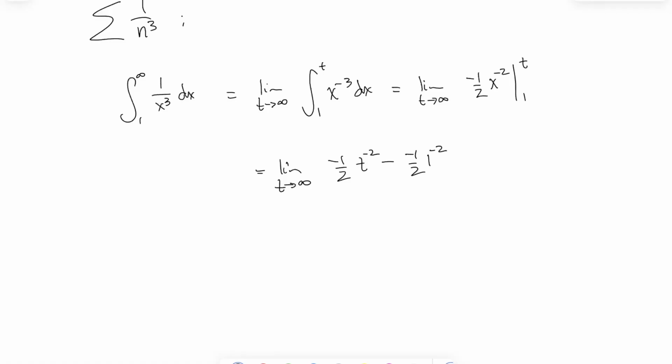And what do you say, converges or diverges? Converges, I think, is the answer. T to the minus 2 means 1 over t squared, and when t goes to infinity, that part becomes 0. All right? This is 1 over t squared right there.